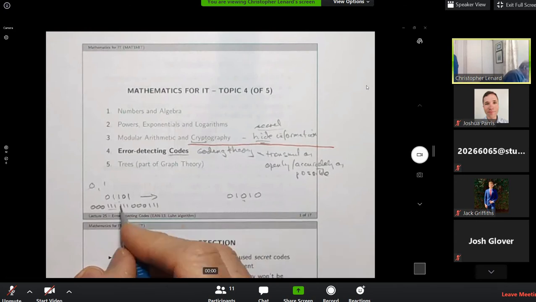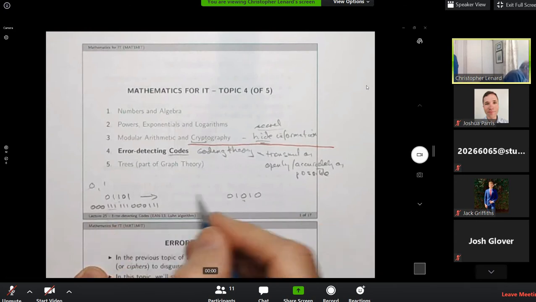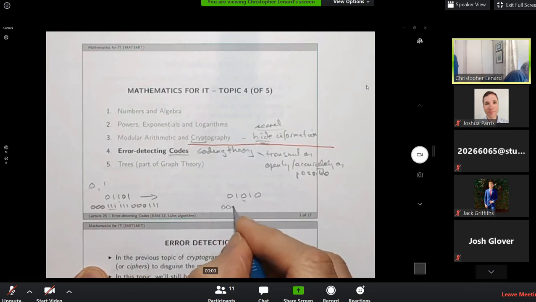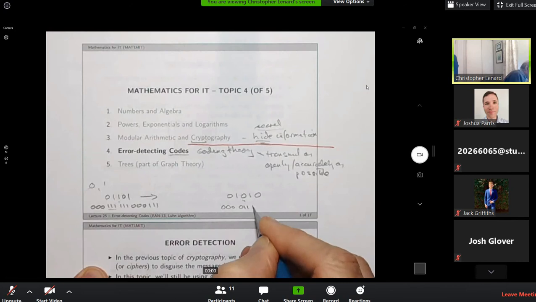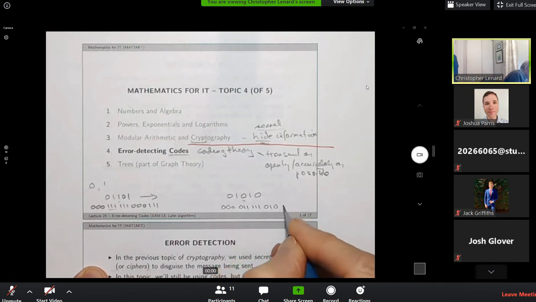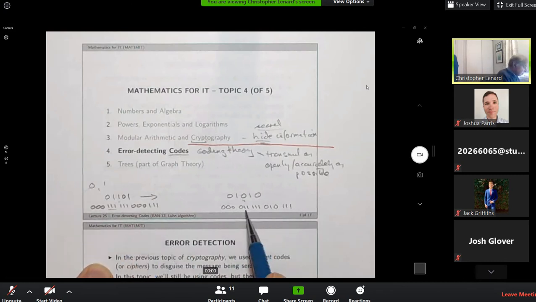So you send this, and then what's received at the other end is 0 0 0 0 1 1 1 1 1 0 1 0 1 1 1. So that's sent, this is received, and you can see that a couple of bits have been corrupted.